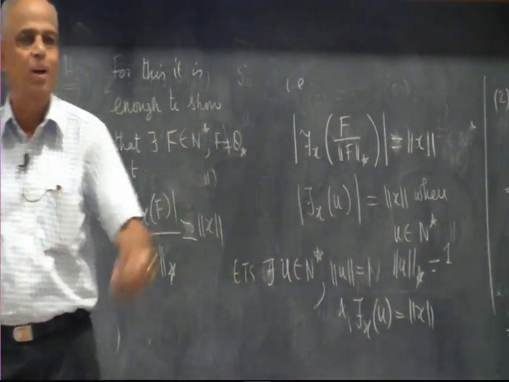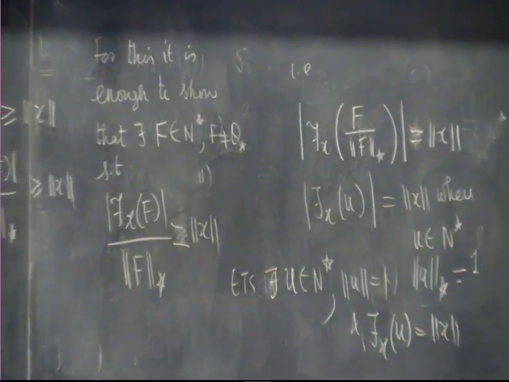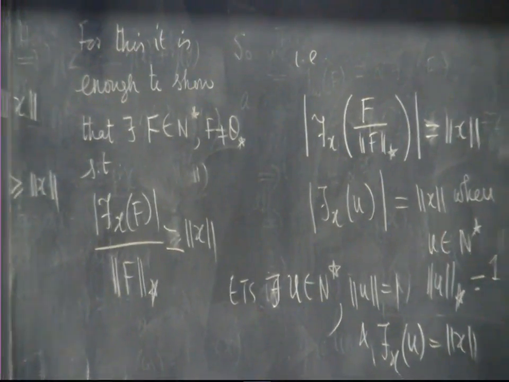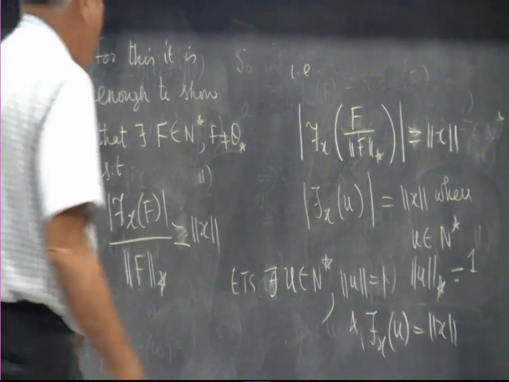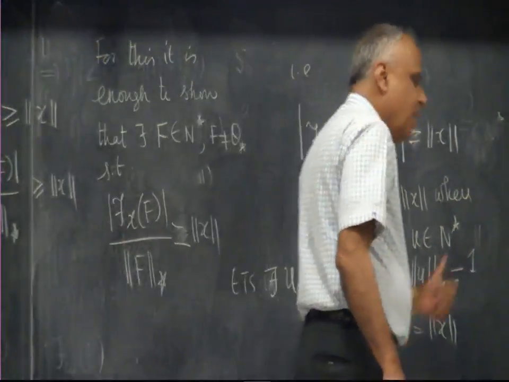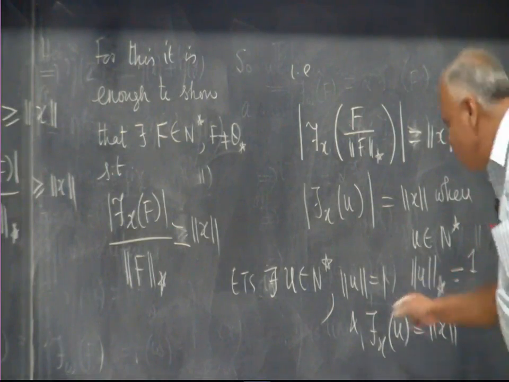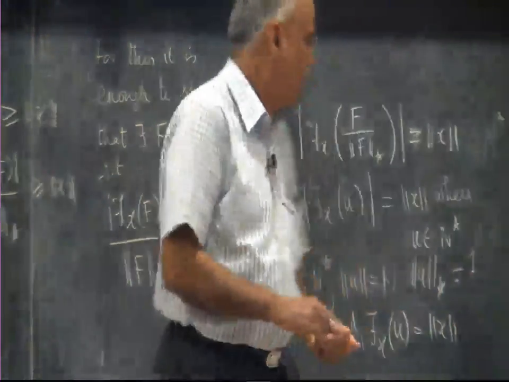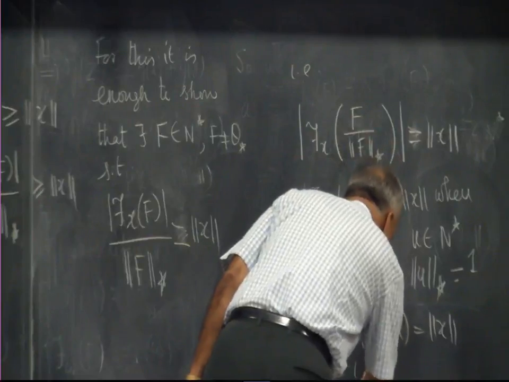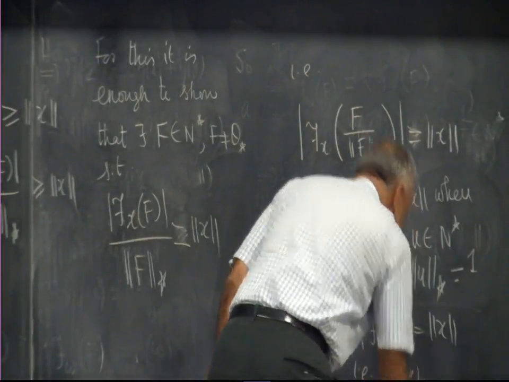Then obviously the modulus will also be equal to that, because everything is non-negative. So all I have to do is, if somehow I can concoct one linear functional on N whose norm is 1 and which takes the value norm x at the point x, because this Fx of u is what? That is u of x. This is how it is defined.